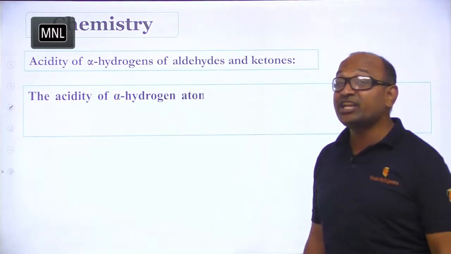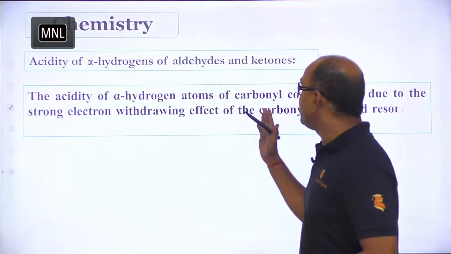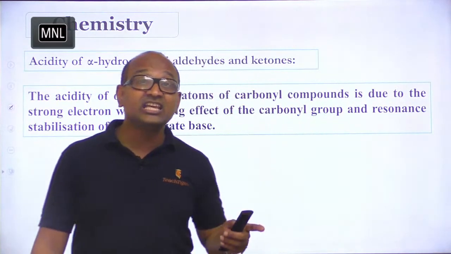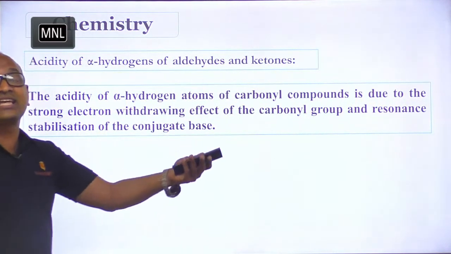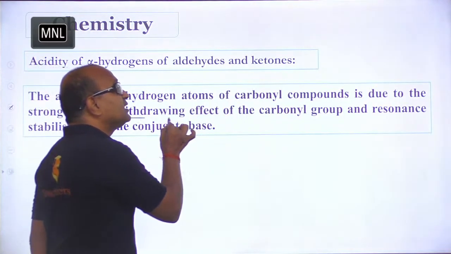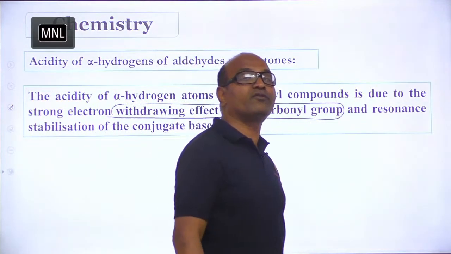Guys, the acidity of alpha hydrogen is because of 2 reasons. First, the conjugate base that is formed by the removal of alpha hydrogen is stabilized by the minus I effect, the electron withdrawing ability of the carbonyl group.